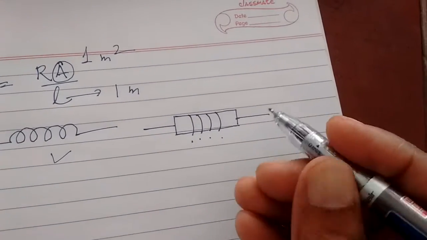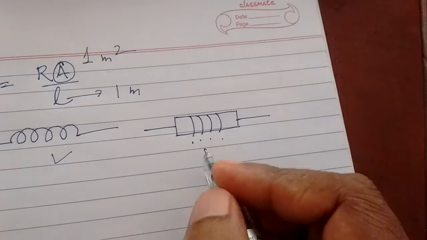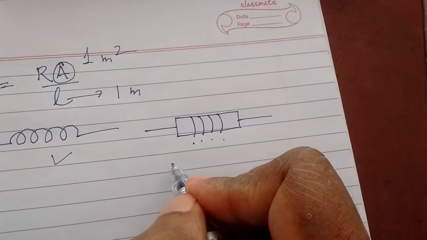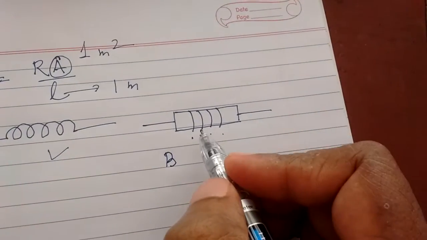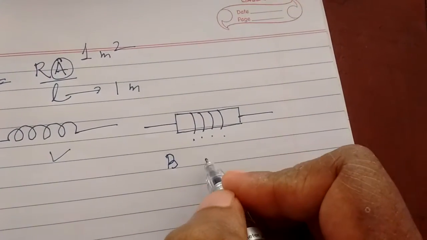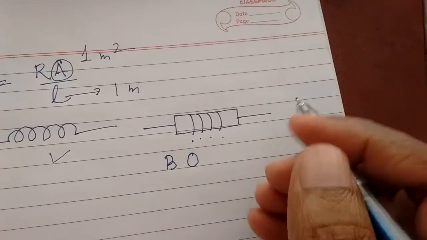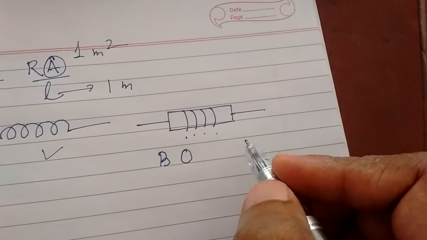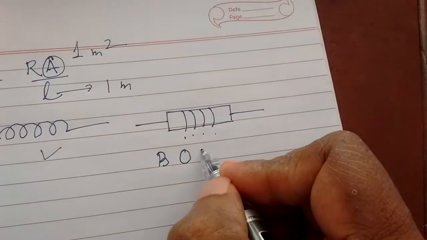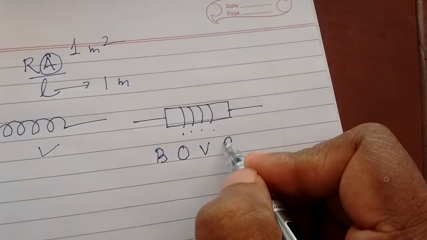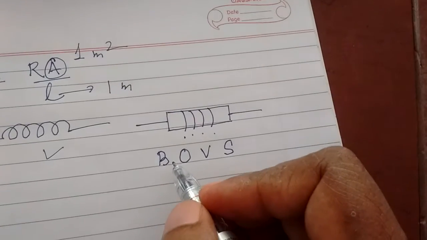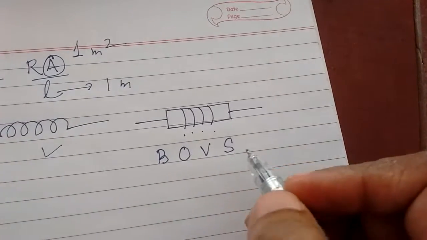Let us take, for example, first color is brown. Second color is orange. Third color is violet, and fourth color is silver. Brown, orange, violet, silver.